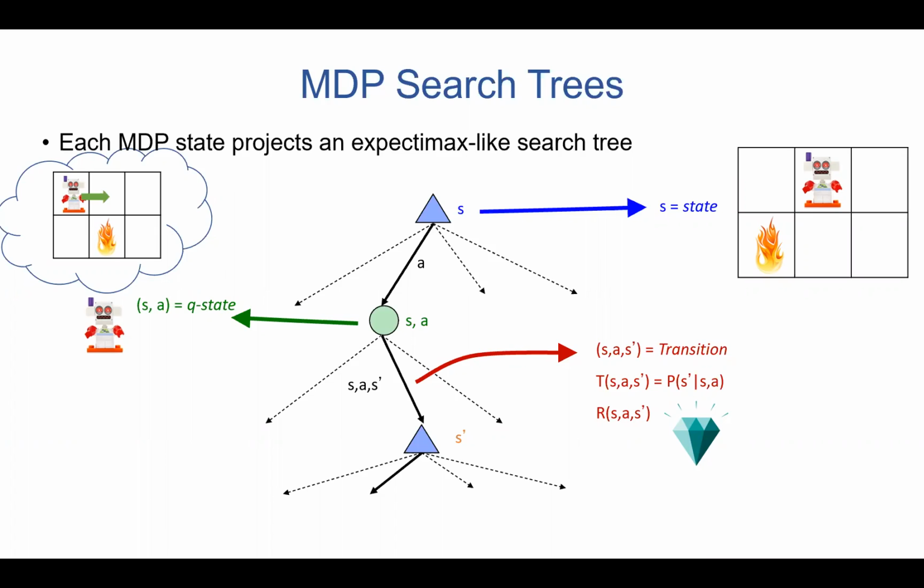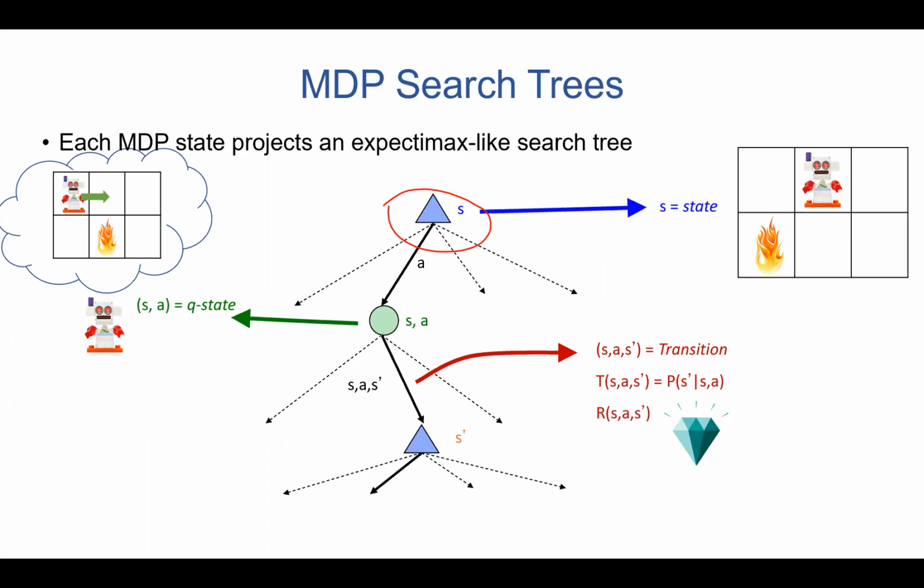So what we do is, remember in expectimax, we are in a current state. It's a maximizing agent. Then we take an action. But we're not 100% sure that by taking an action we're going to get into the state that we intended to be in.